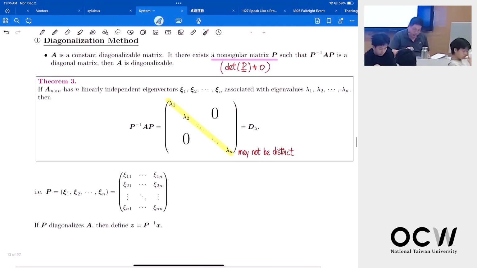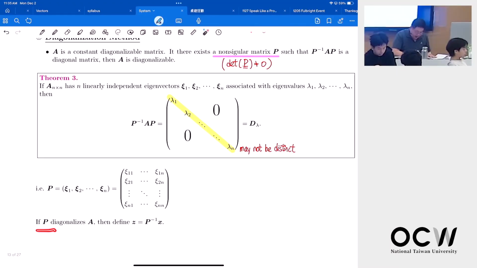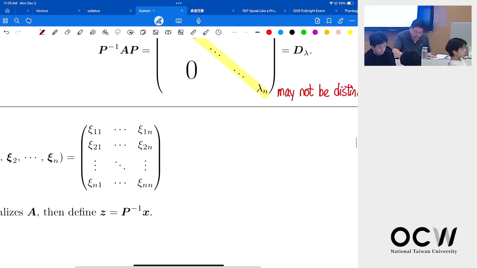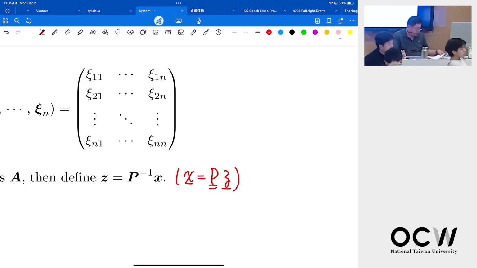Okay, so now let's see how we get this result. P diagonalizes A. Then we can define another vector z. The z is P inverse x, because we are just changing variables; now x becomes P z. So you change all x to Pz.